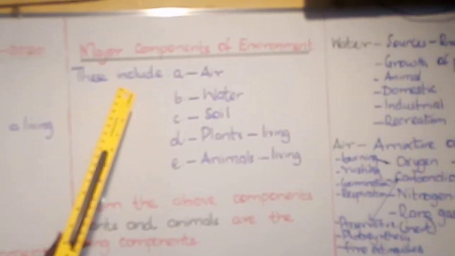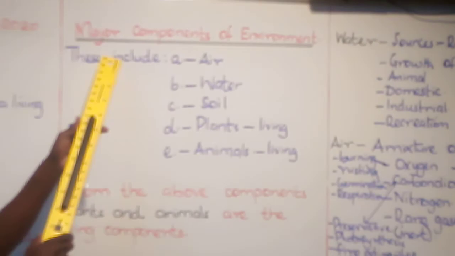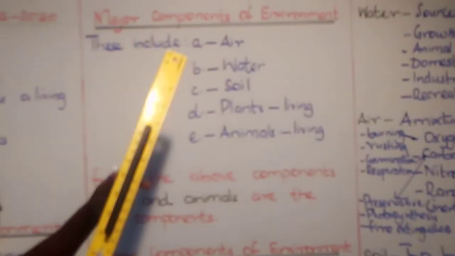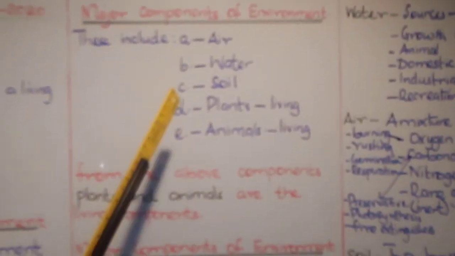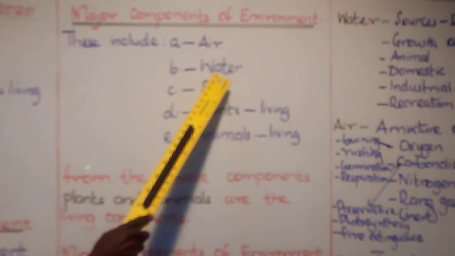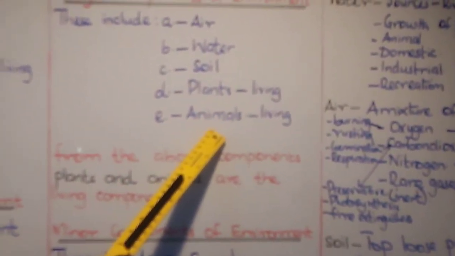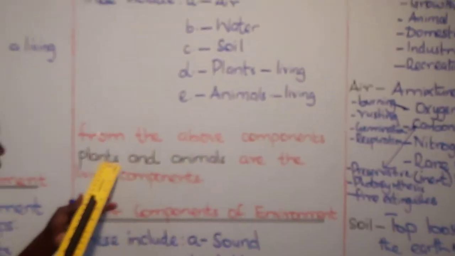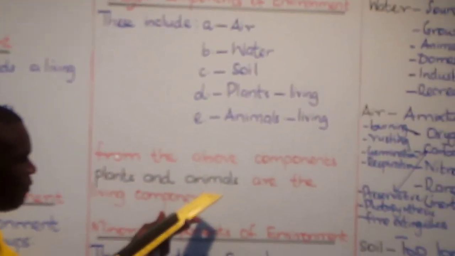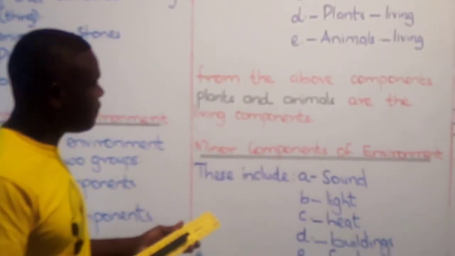Now we have gone down to discuss the major components of environment, and we have listed them down. They include air, water, soil, plants, and animals. And we have particularly said that plants and animals comprise the living components of environment.